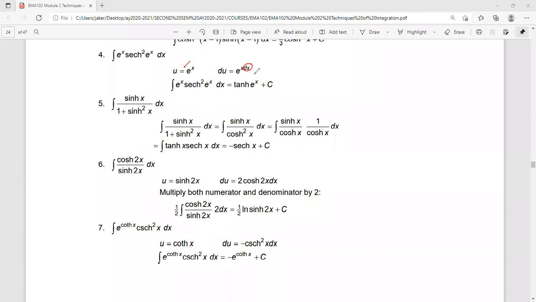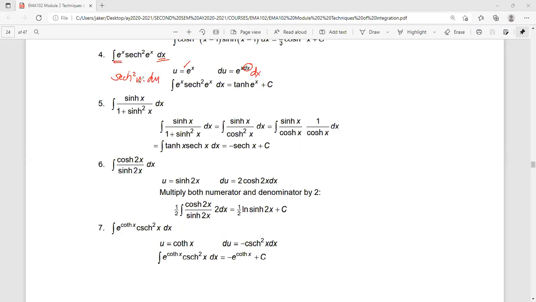This should be written here, class. There's a typo. E raised to x dx. So this e raised to x here and this dx here will actually stand for the derivative of the u in your hyperbolic secant squared, for you to be able to write the hyperbolic tangent of e raised to x. This is just like hyperbolic secant squared of u, du.